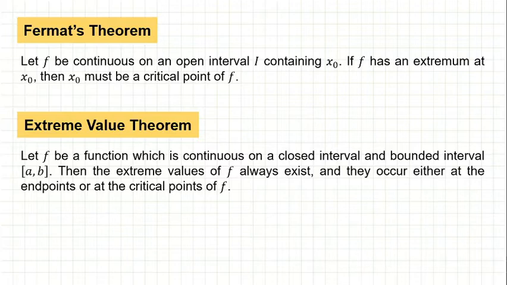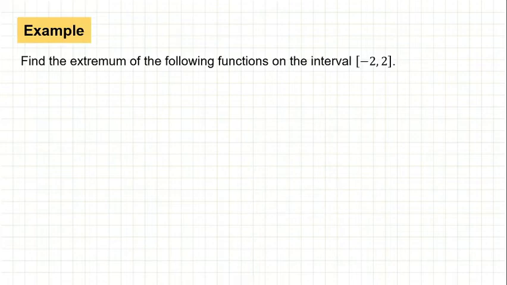Okay? So para mas maintindihan, let's consider the following examples. Find the extremum of the following functions on the interval [-2, 2]. So this is a closed and bounded interval, negative 2 and 2.